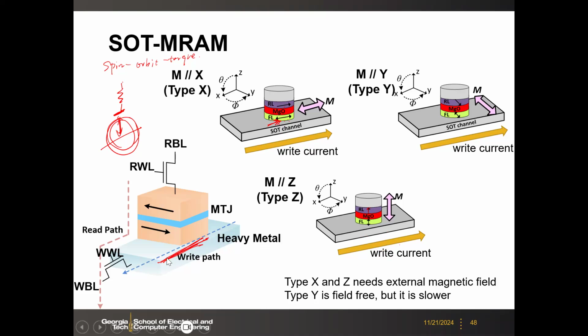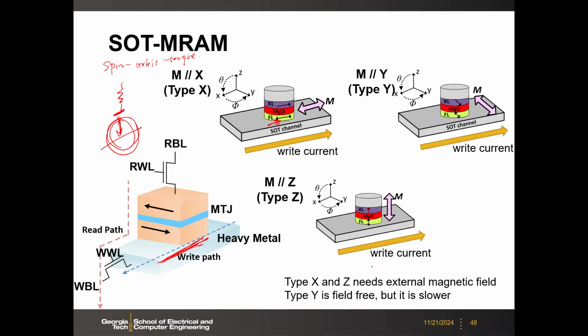The benefit of this one is that read and write are decoupled, because in the previous STT-MRAM, the problem you mentioned earlier is that the read current also goes through the MTJ, so there might be a disturb. So here you want to decouple the read and write path.